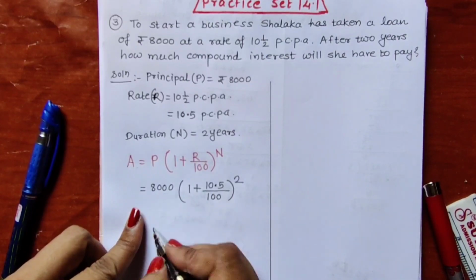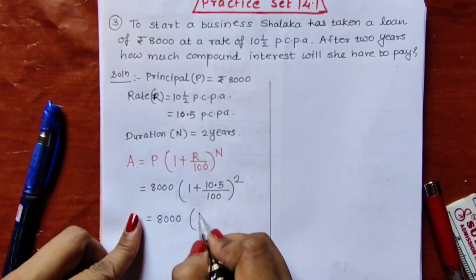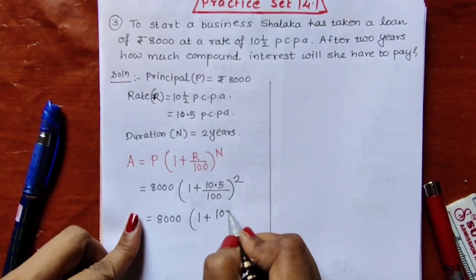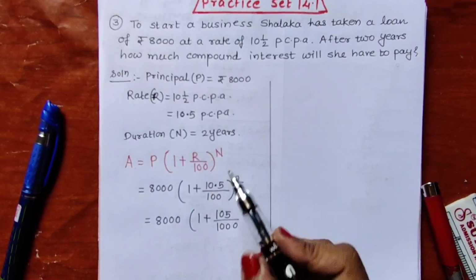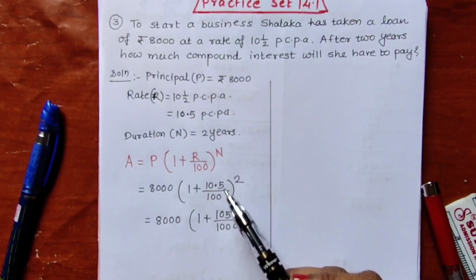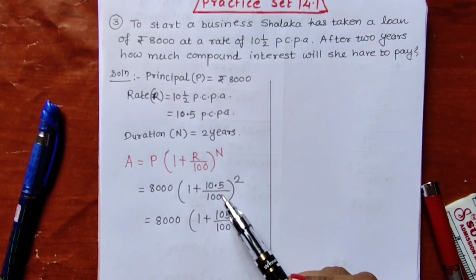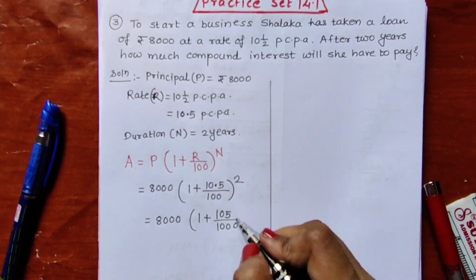Now 0.5 is there in the numerator, a number which is having a decimal point. So we will remove this point from the numerator and we will add 10 in the denominator. As in the numerator, after the decimal point only one digit is there. If there were 2 digits, we would have written 2 zeros in the denominator. So depending upon the number of digits, we have to increase the number of zeros in the denominator. Always keep this in mind.